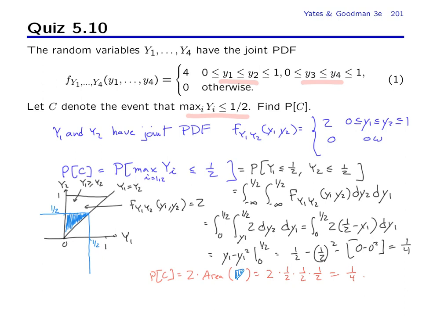Exactly the same answer we got with calculus, but when a PDF is uniform over some region, we can use a geometry calculation instead.